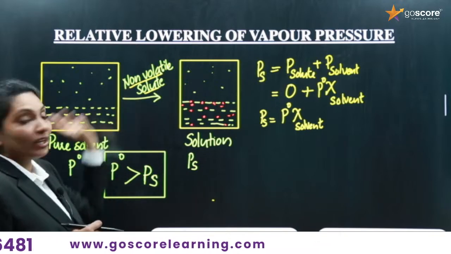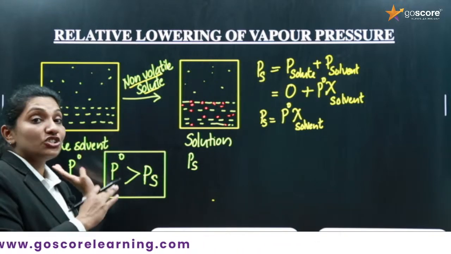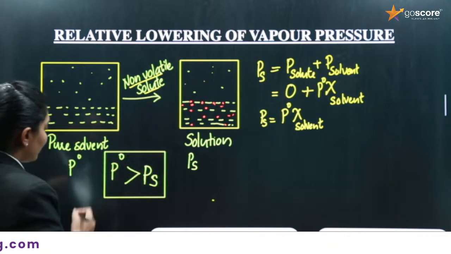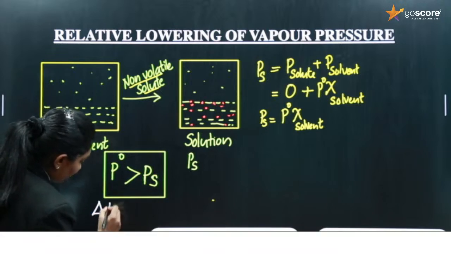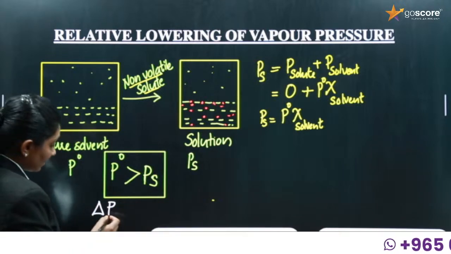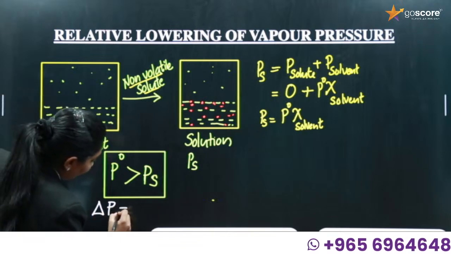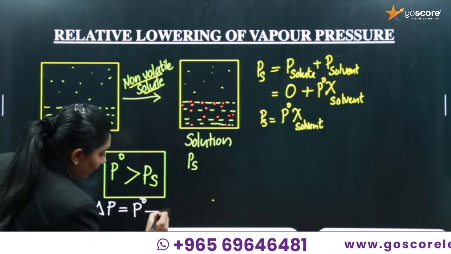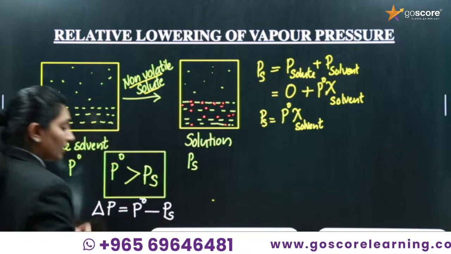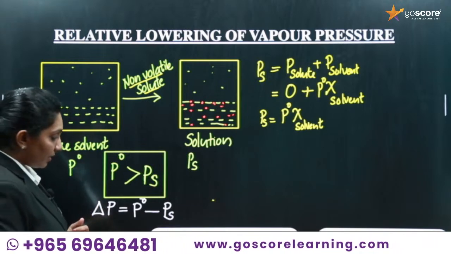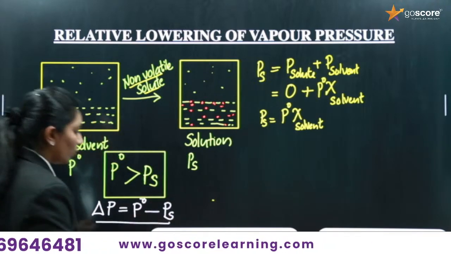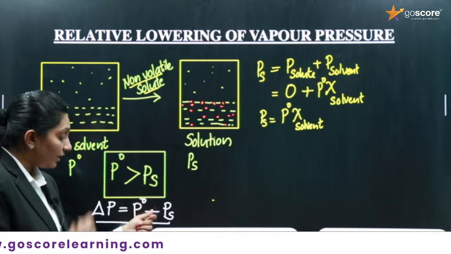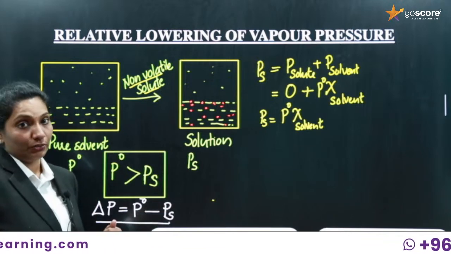So there is a change in the vapor pressure, delta P. Delta P is equal to P naught, the vapor pressure of the pure solvent, minus PS, the vapor pressure of the solution.